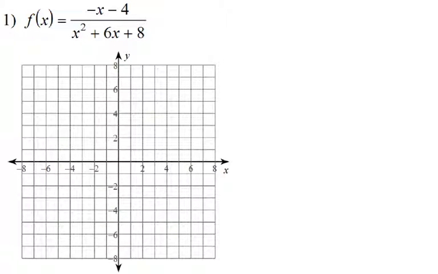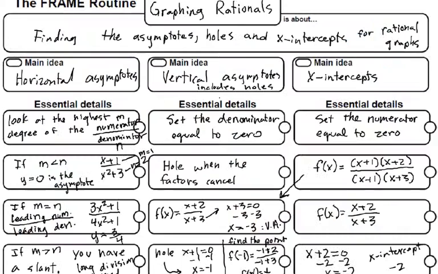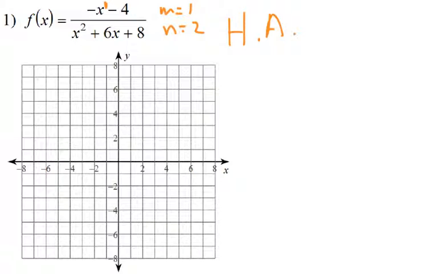Okay, so let's take a look at this one. We start off by going after the horizontal asymptote. That's like x to the first, that's x squared, so the top is smaller than the bottom. M is 1, n is 2. So when the bottom is bigger than the top, remember looking back at this, the x-axis is our asymptote.